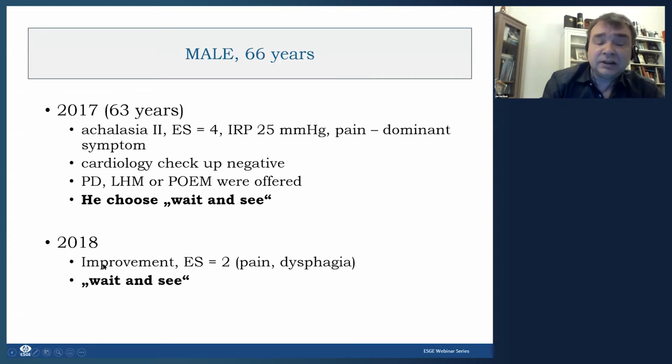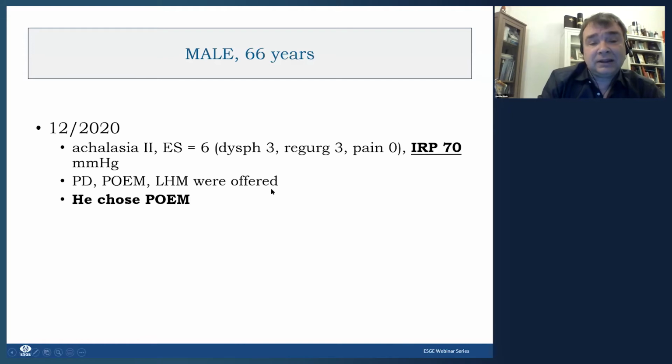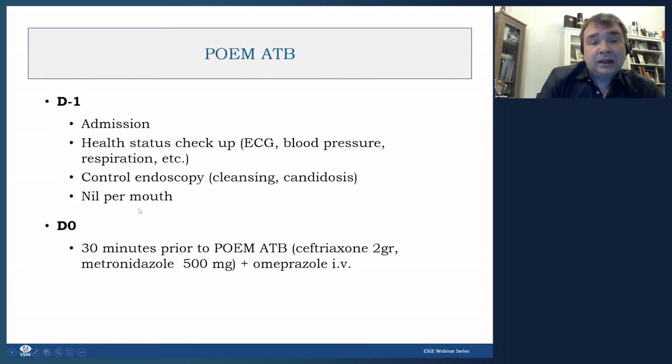Next year, there was symptomatic improvement. The Eckardt score was only 2, and he again chose a wait and see strategy. But this December, he presented with symptom deterioration, with the values I already showed you, and we offered him these 3 treatments. He chose POEM.